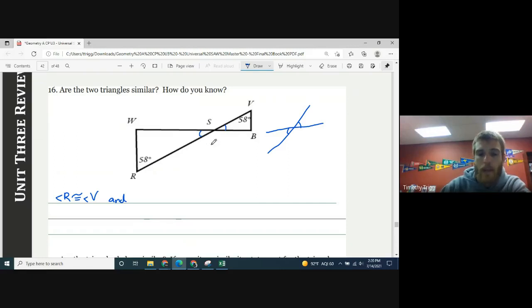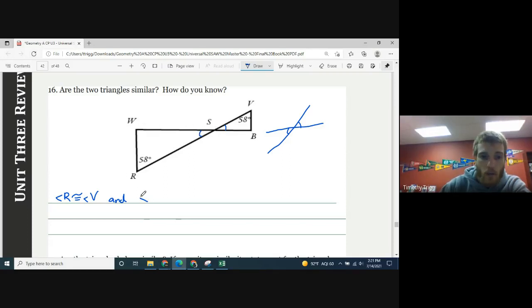You might be tempted to just say angle S and angle S, but these are two different angles. If I just say angle S, is it really clear which angle I'm talking about? There are 4 potential angle S's, right? So that doesn't really tell me. Instead, I could say angle WSR, and then it's clear I'm talking about this one.